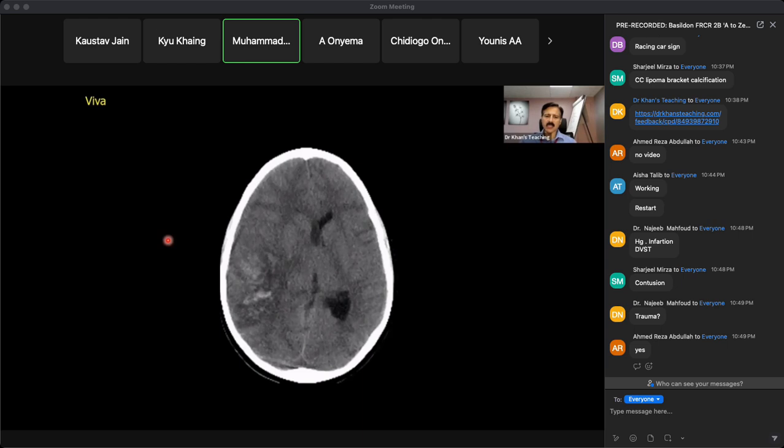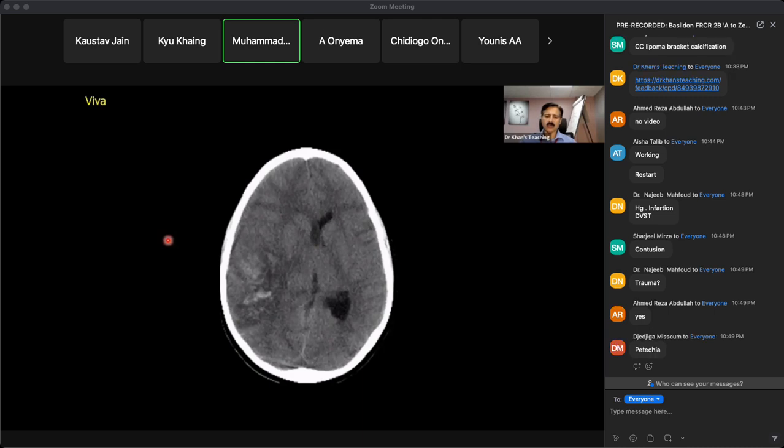When the cortex hits the skull, usually there are particular sites, for example, base of skull, frontal lobes, because of the undulated appearance of the skull base. So contusion will occur there. So by definition, part of the cortex has to be involved.